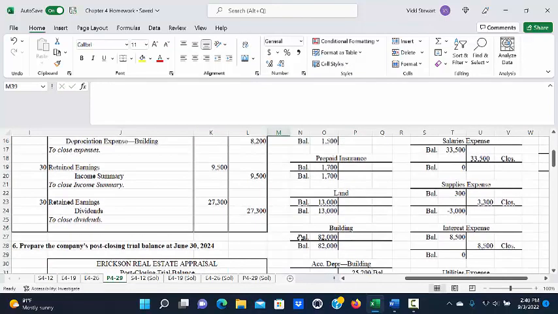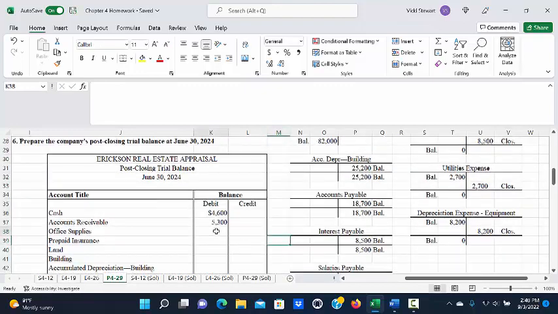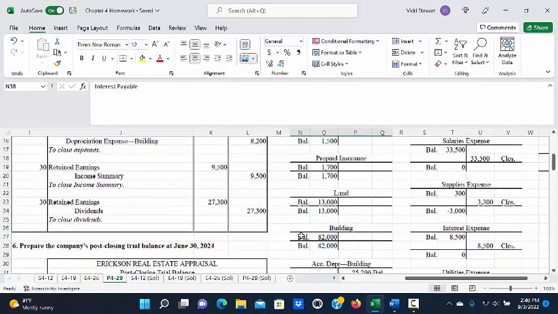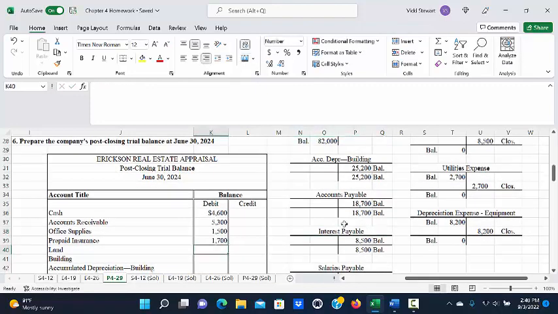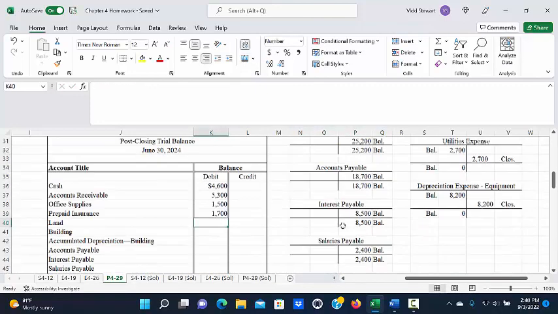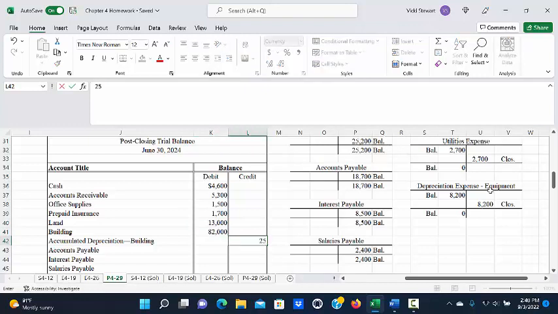Office supplies are $1,500. Our prepaid insurance is $1,700. Our land account is $13,000. Our building is $82,000. Our accumulated depreciation is $25,200, and that is a credit.